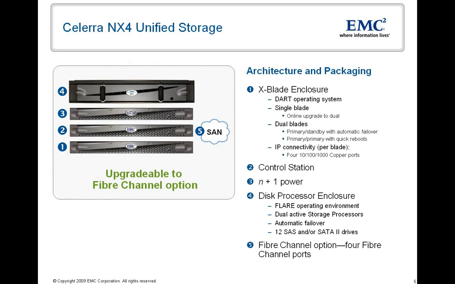The only difference is the horsepower, the capacity, and the number of blades. So if you take a look at this particular diagram, the number 1 represents the blade. What a blade is, think about it as a 1U Intel Xeon processor. It is a blade.